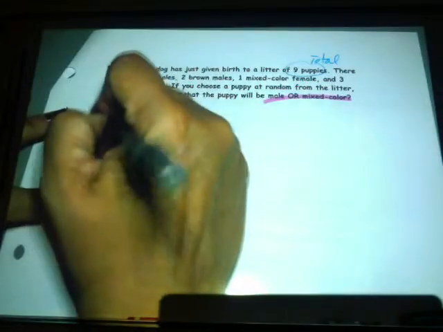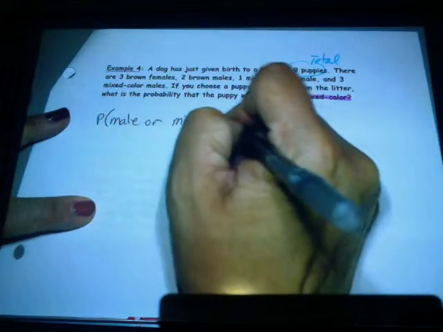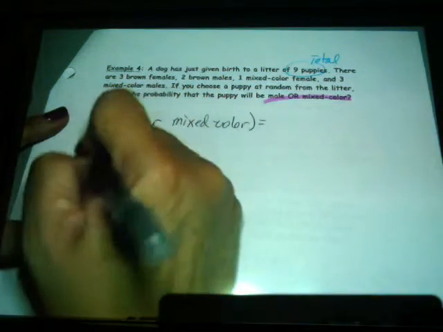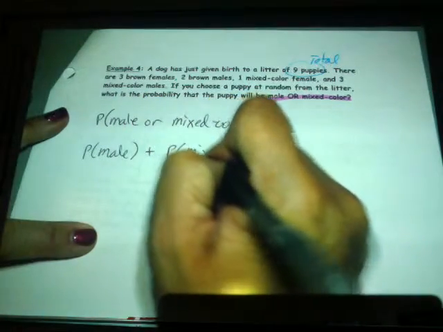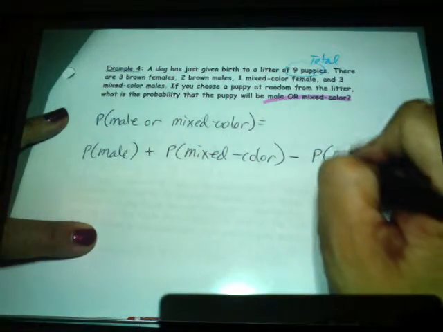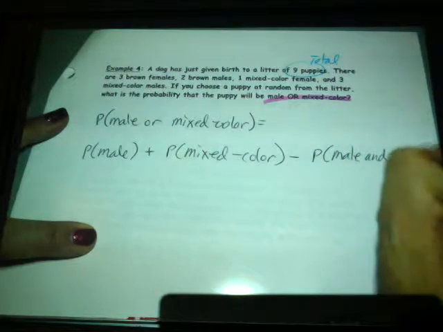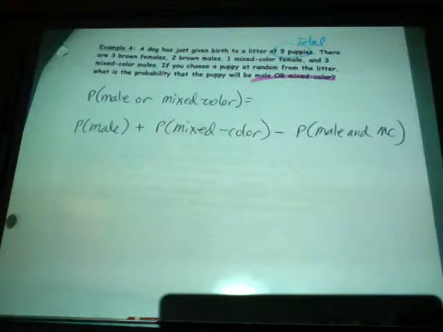So our probability would be probability of male or mixed color equals, I want to find the probability of male plus the probability of mixed color and subtract out the probability of male and mixed color. I'll just make it MC. And then we'll look at it a different way and I'll show you that it still works.